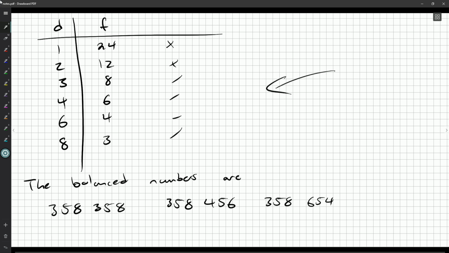Just reading off this chart that we made. And I better put commas in here just to show the different numbers. And then 8, 5, 3. All right, there we go. So we've got our balanced numbers. Very quick display of, do we understand the concept? And we do. So there's 4, and that's it.